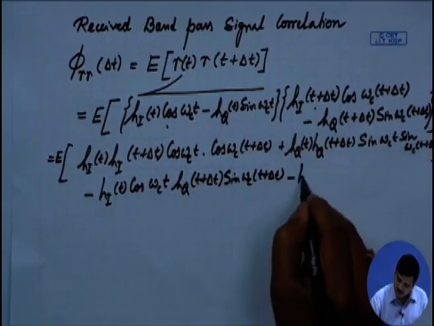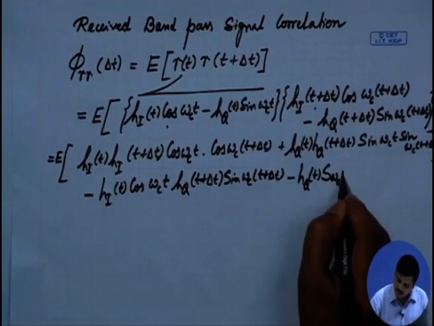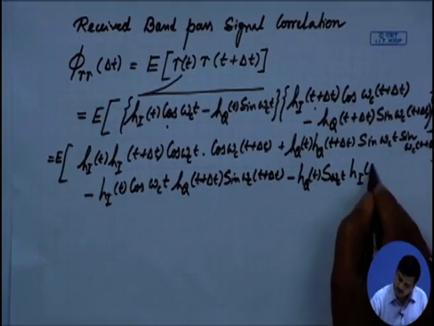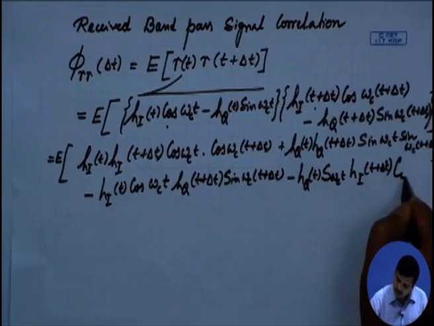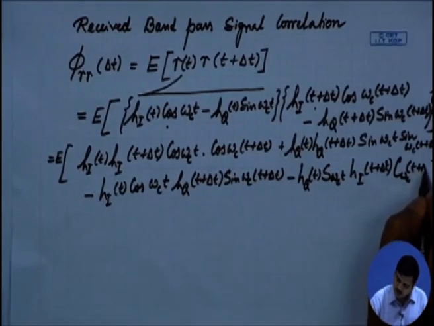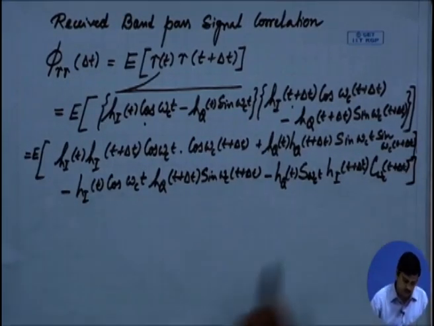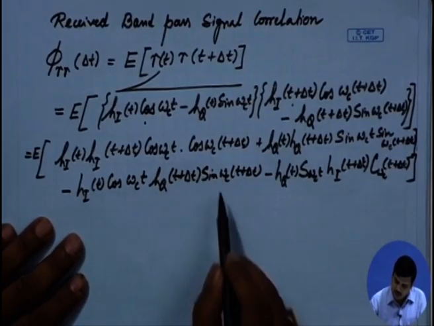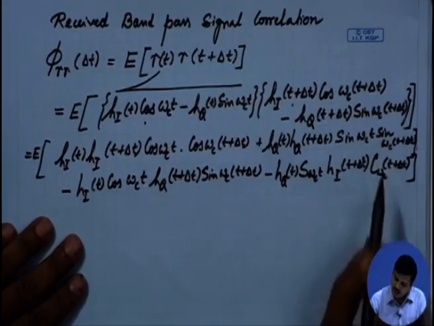So again there is a minus sign, h q of t sine omega c t, I am writing this in short, h I of t plus delta t into cosine of omega c t plus delta t. So now we have all the expanded forms. So what we see, there is a cosine and a cosine, and there is a cosine and a sine, there is a sine and sine, and there is a sine and cosine.